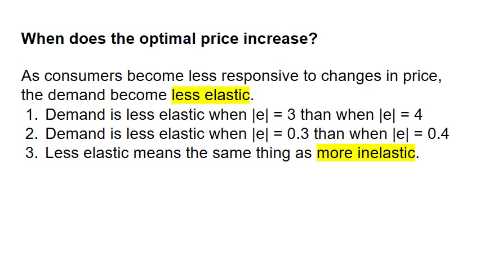As consumers become less responsive to changes in price, we say the demand becomes less elastic. Demand is less elastic when the absolute value of E is 3 than when the absolute value equals 4. It's less elastic when the absolute value is 0.3 than when it is 0.4. Less elastic means the same thing as more elastic.